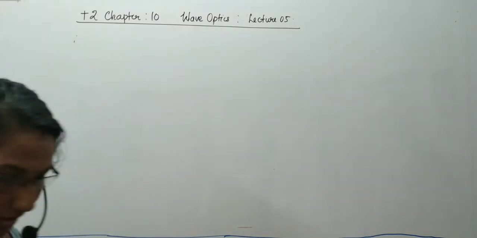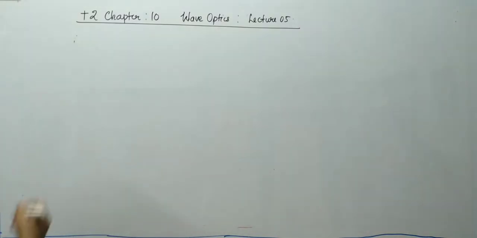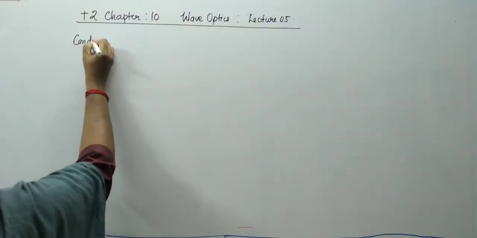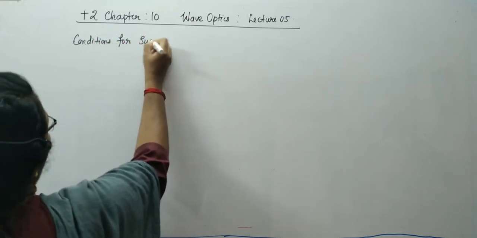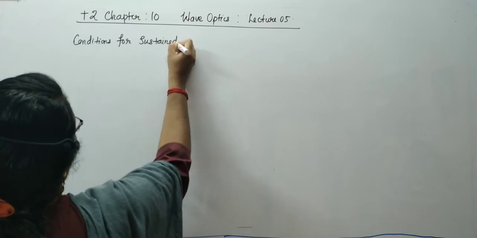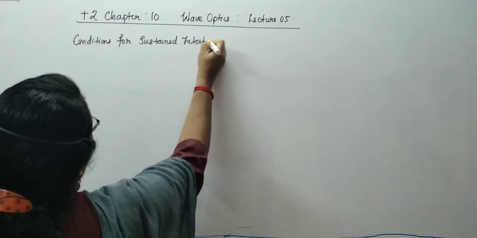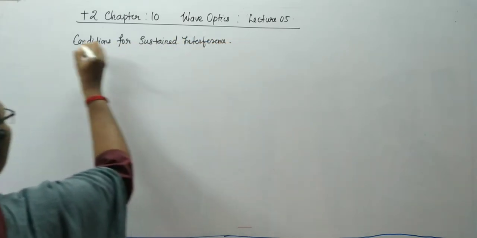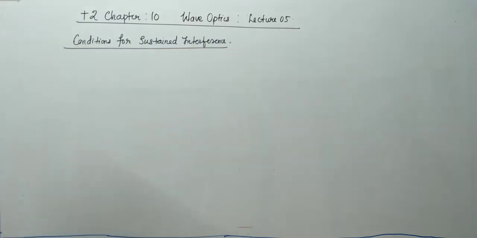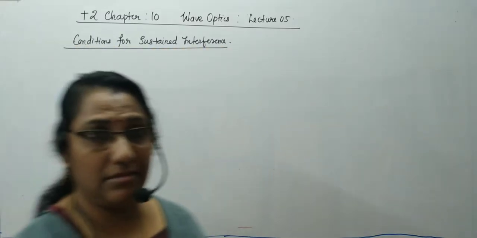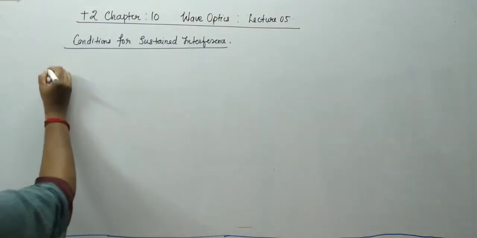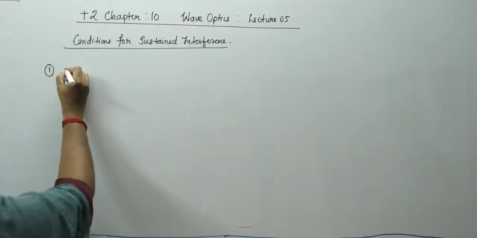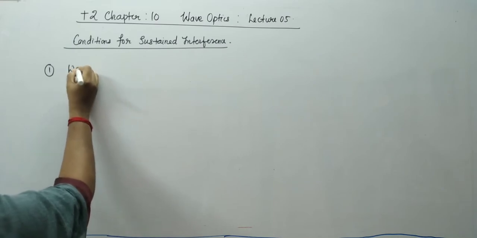And now we are going to the conditions for sustained interference, the conditions for a prominent interference pattern. The question will be like this: what are the conditions for sustained interference? The first one is that the waves must be coherent.